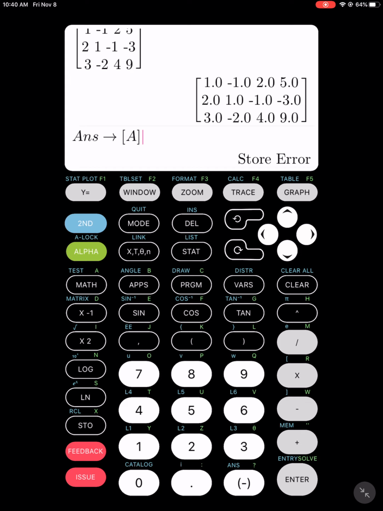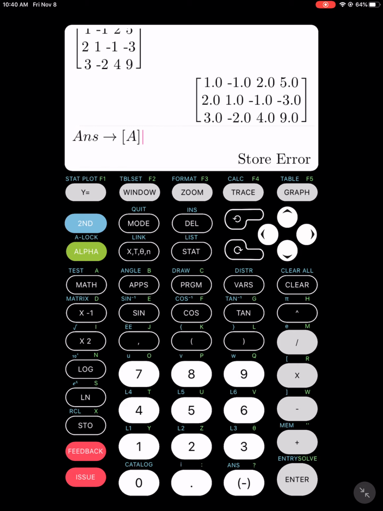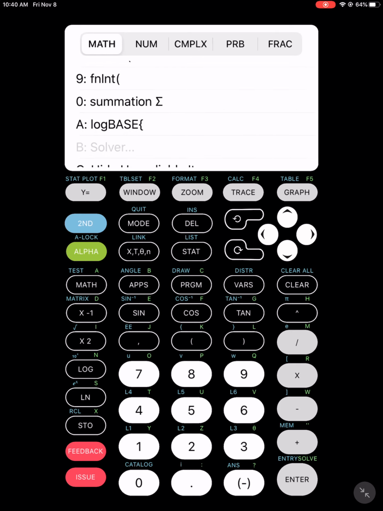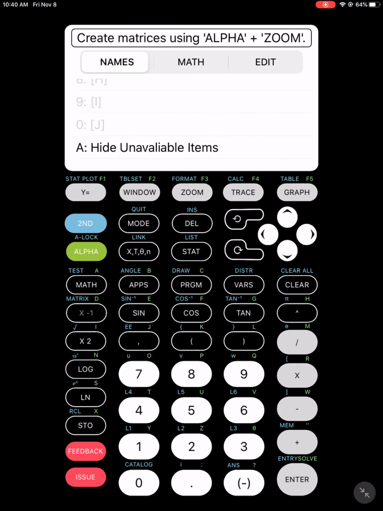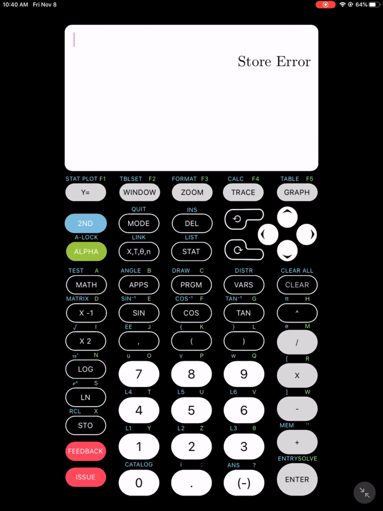I'm going to take this matrix, go to second matrix, go to math with matrices, go down, not over, down, so you find the one that says RREF. So we're going to do RREF of matrix A. This doesn't want to cooperate.